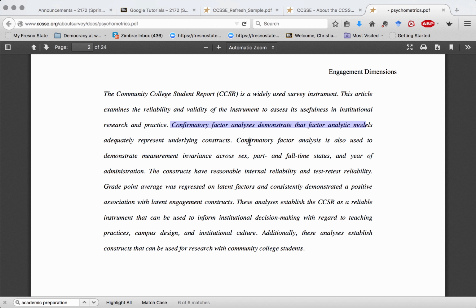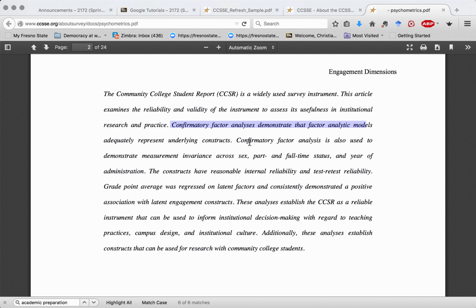Whereas in exploratory factor analysis, you don't specify a certain factorial structure. You let the factor analysis discover the structure, right? So sometimes what we do, we run an exploratory factor analysis first, and then we run a confirmatory factor analysis after.